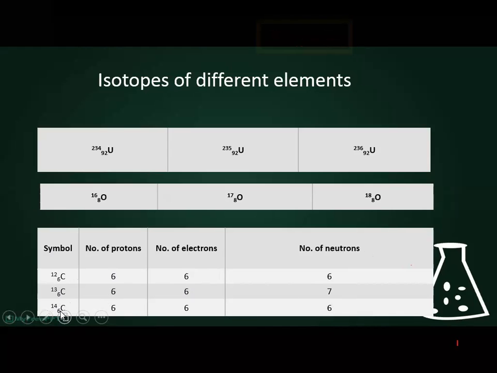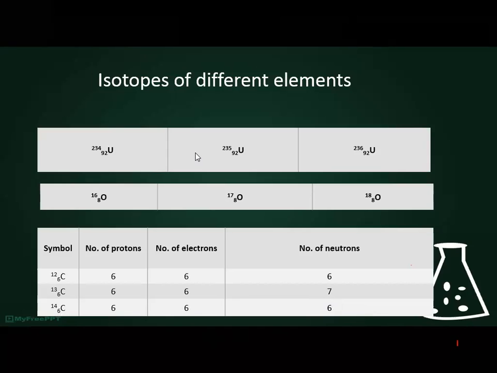Now again, here you need to do the correction. I have written 6, but I want you to let me know the correct answer here. What would be the number of neutrons if the mass number is 14? 6 protons, then what will be the number of neutrons so that it becomes 14? Please let me know quickly. 8.